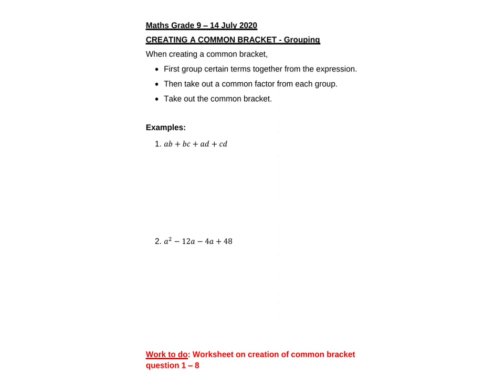The first pair I'm grouping is AB plus BC, and then I'm also grouping AD plus CD. Then I take out the common factor in the group AB plus BC, and that, of course, is a B that's present in each of those terms.